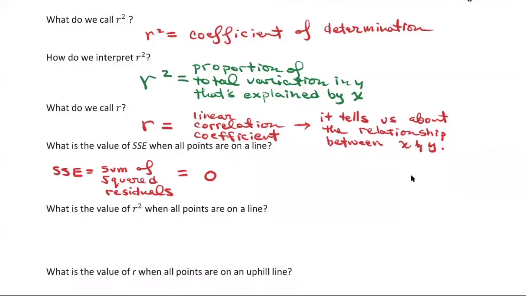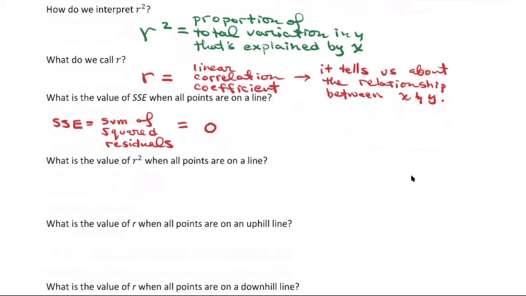So now it says, what is the value of r squared when all the points are on a line? Well, remember, SSR over SST plus SSE over SST is always 1.